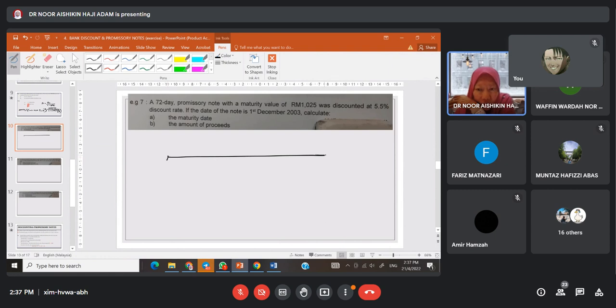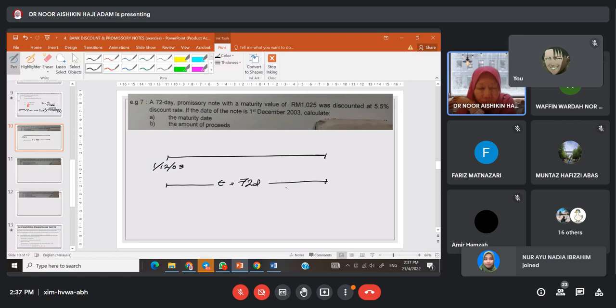The term of the note is 72 days. The date of the note is 1st December 2003. And the term of the note, T equals to 72 days. So that goes from one end to another.